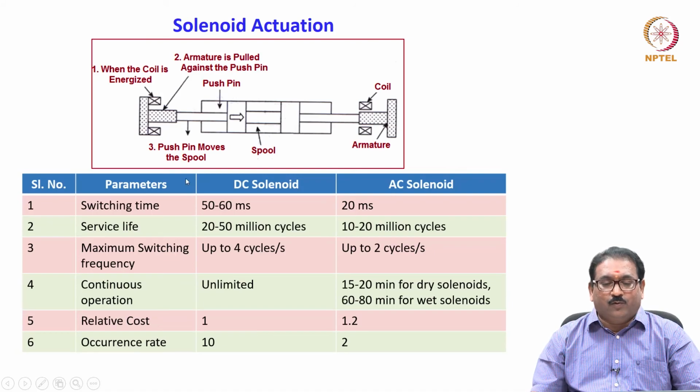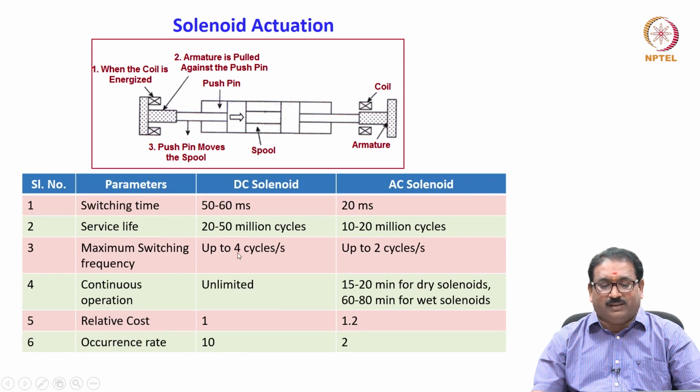Quickly I will tell you whether it is a DC operated or an AC operated solenoid in the pilot operated valve. Some parameters I will show you here. Switching time in the DC solenoid is 50 to 60 milliseconds, 20 milliseconds in the AC solenoid. Service life is 20 to 50 million cycles, here 10 to 20 million cycles.